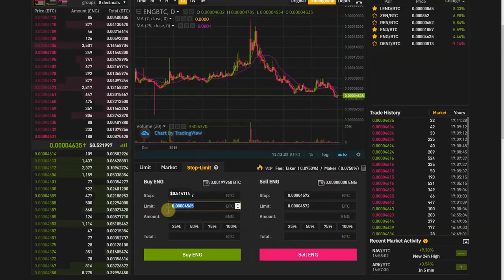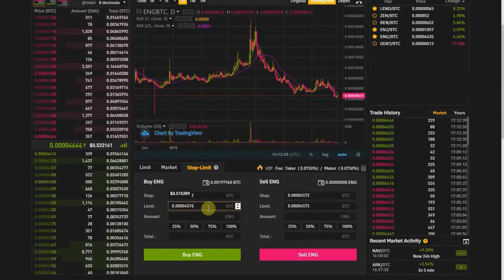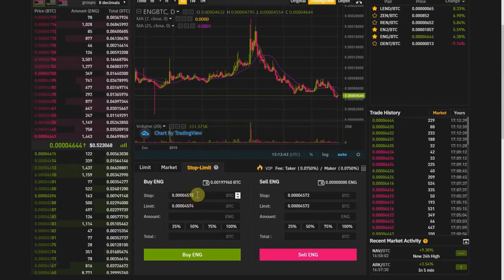It's not guaranteed that it's going to fill the order. If you put 74, that's like if it gets to this price, you would probably find an offer to get this. Okay, I think it's pretty easy to understand like this.